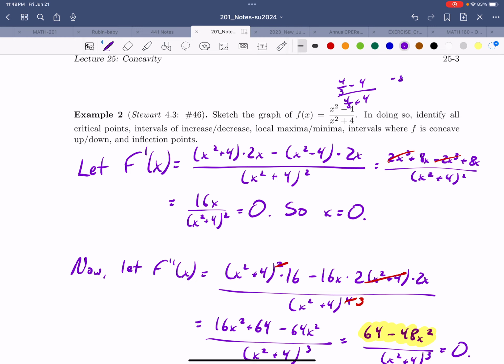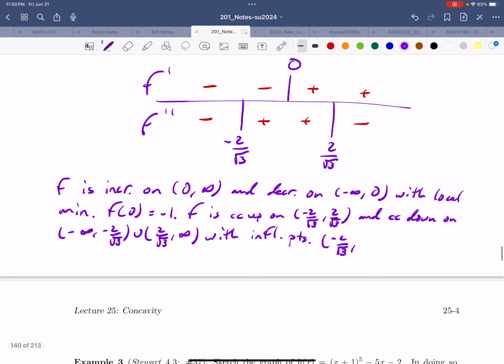So you get negative 8/3 over 16/3. So they both wind up being negative 1/2, I believe. All right, so that's what it is.